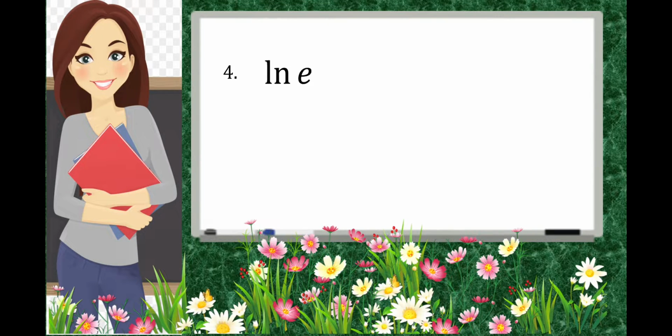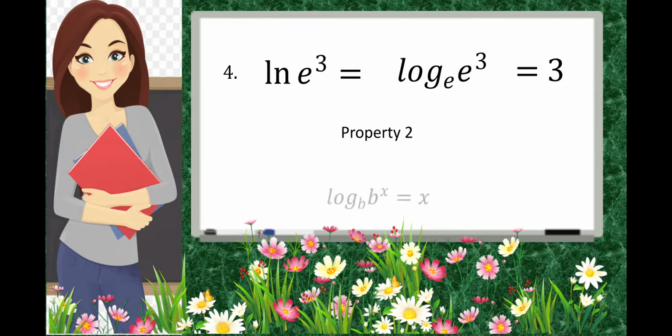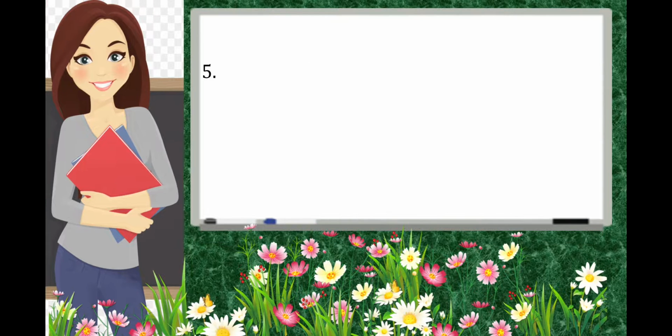The next example, the natural logarithm of e cubed is equal to log of e cubed to the base e, which is equal to 3. That is using the second property, that is log of b raised to x to the base b is equal to x.